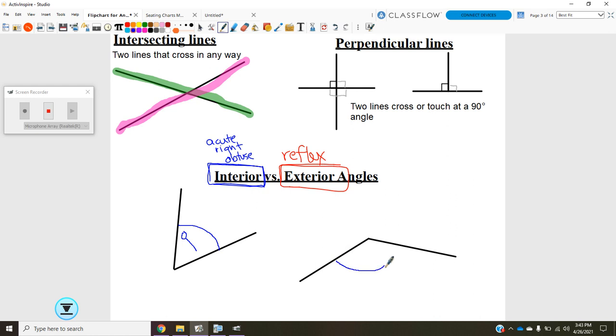Here's an obtuse interior angle. The exterior angle is always going to be reflex, because it's going to be the outside. And you'll see a marking. If you don't see any marking at all, that's not exterior. But if you see an arc around the outside, that indicates exterior.